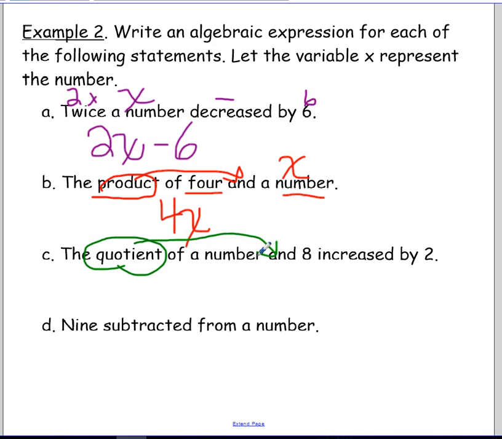And so what we're going to do there is we have the quotient of a number, so x, and means over, or a fraction bar, 8. So the first part of that is going to be x over 8. And then if we finish it off, it's increased by, which means to add 2.